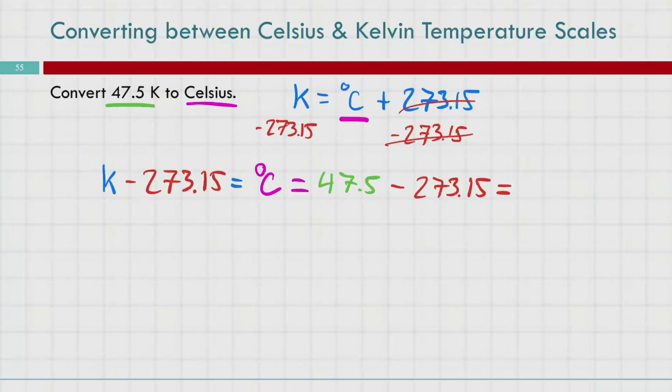So it's negative 225.7 after we round for 1 decimal place.